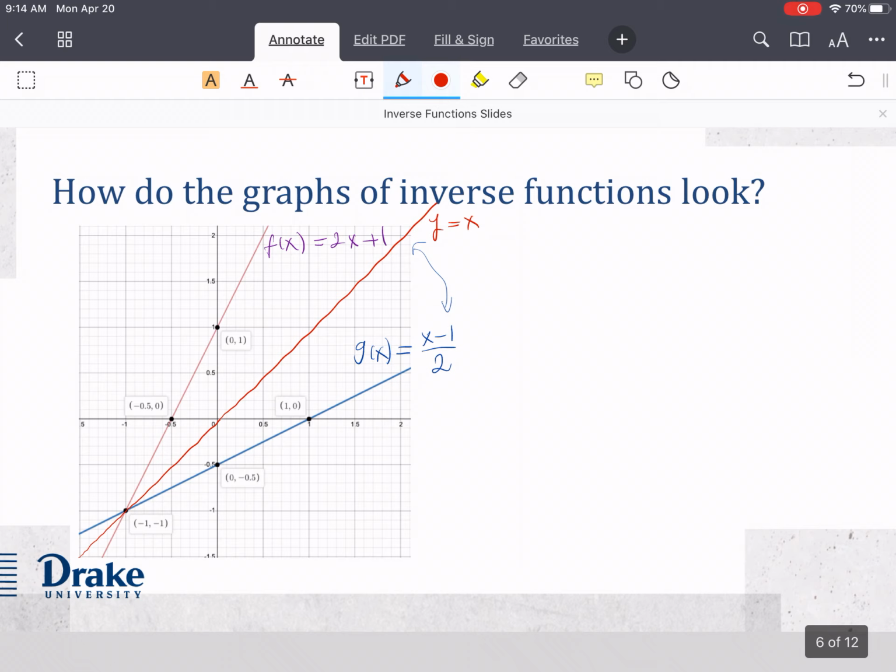So for instance, if you take a look at this point here, 1 comma 0, so x is 1 and y is 0. And then when you take the symmetrical of this point, on the other side, the symmetrical point is right here. You notice here, your x is 0, y is 1.